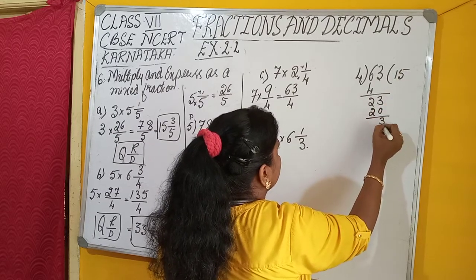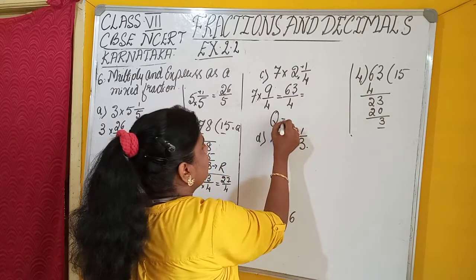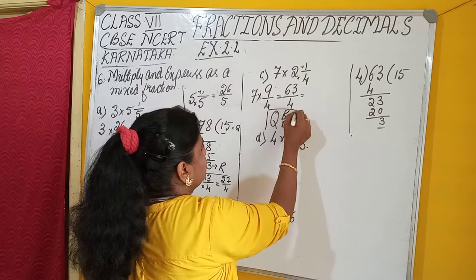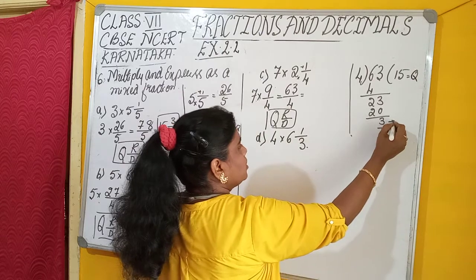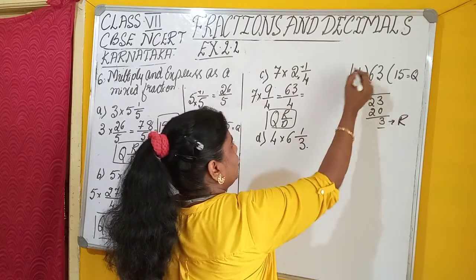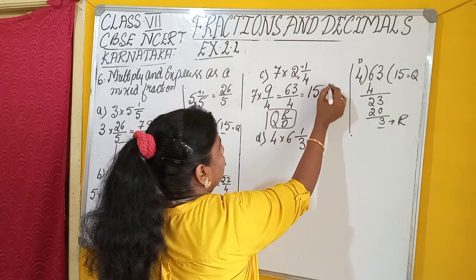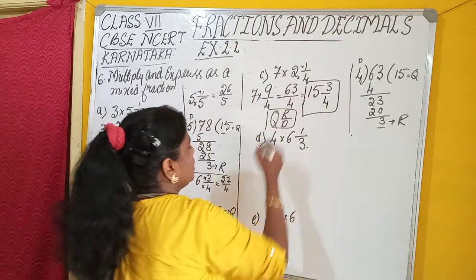That is 3 is the remainder. Okay students, now we have to write Q R by D. Q is 15, R is 3 and this is the D. That is 15 3 by 4. Okay students.